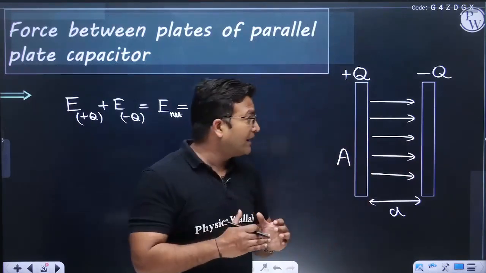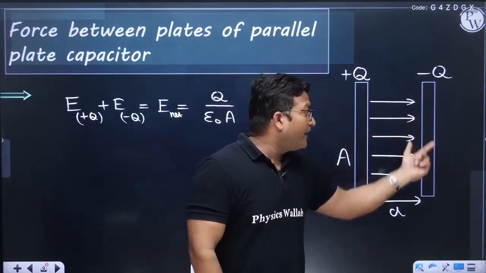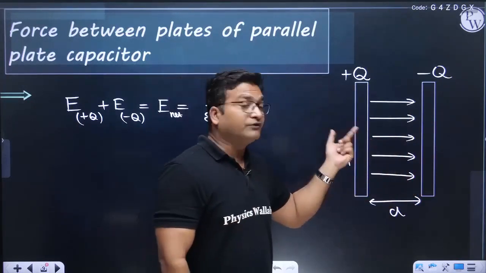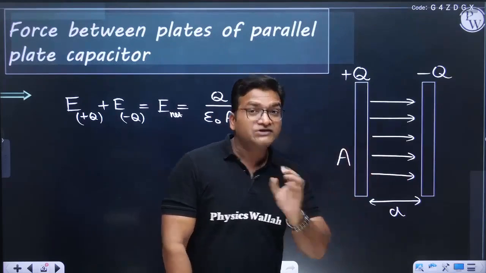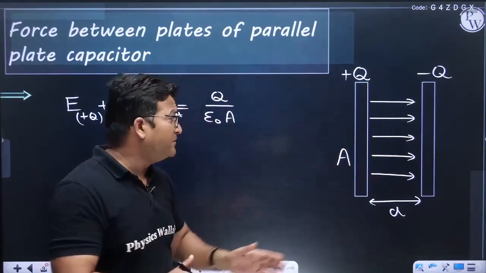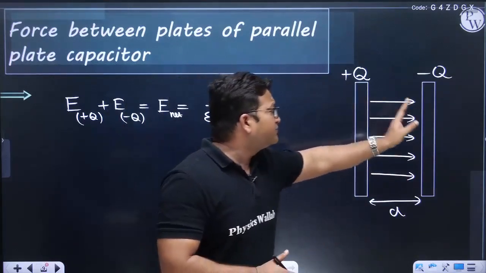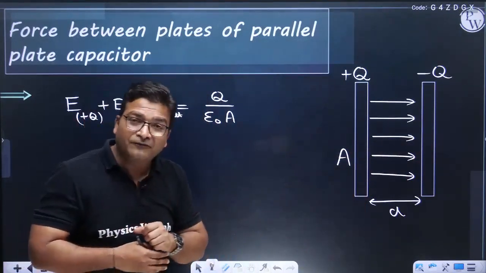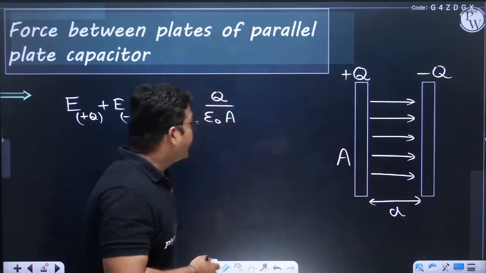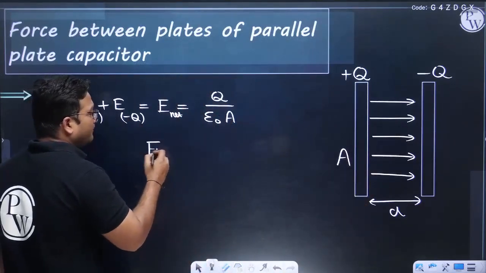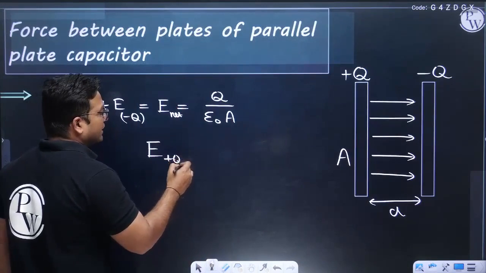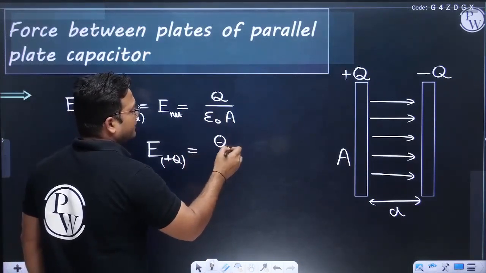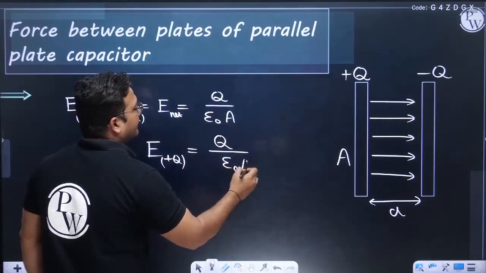So if we want to calculate the force on any one charge, we will have to know the field because of only one charge. Because of the symmetry of the problem, both charges will produce equal electric field in the middle region. So I can say the field because of only the plus Q charge will be equal to half of E net, which is Q by epsilon naught A by 2.